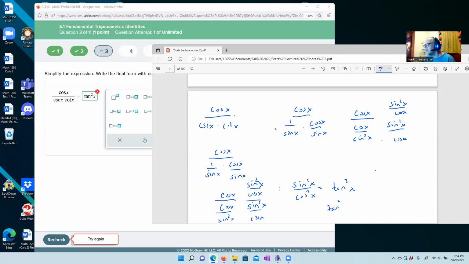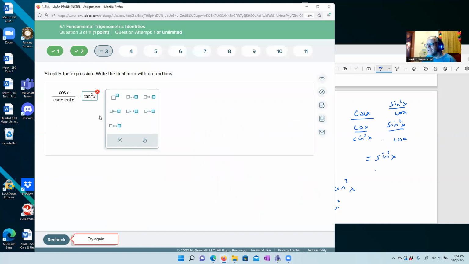Ah, there it is. So those cancel, boom, boom, boom, equals sine squared x. Okay, let's change our mind on this one and say that we have sine squared. Will we check? I'm just going to go ahead and keep it like this.